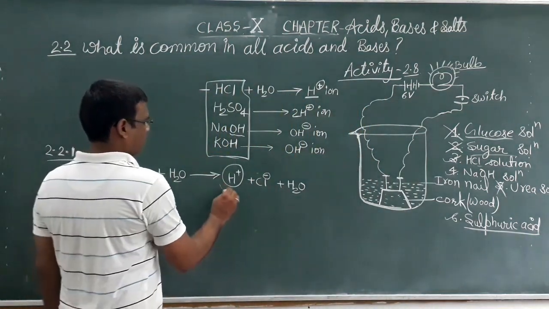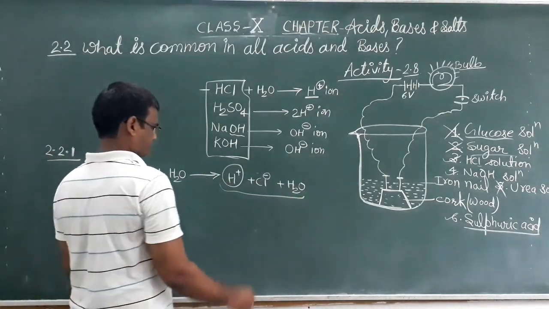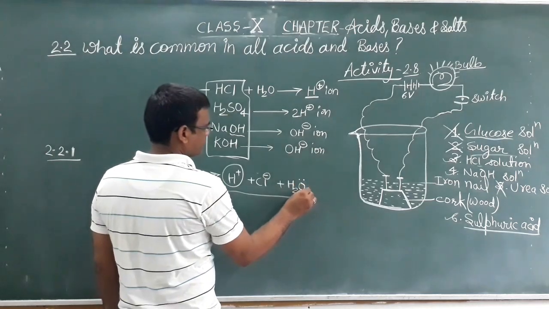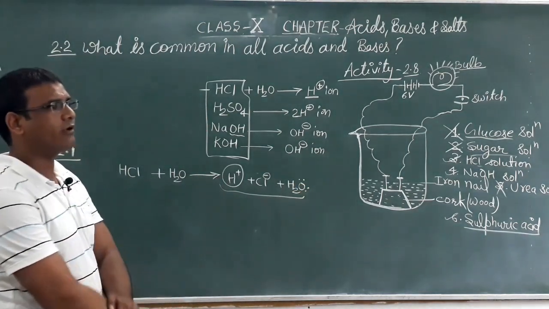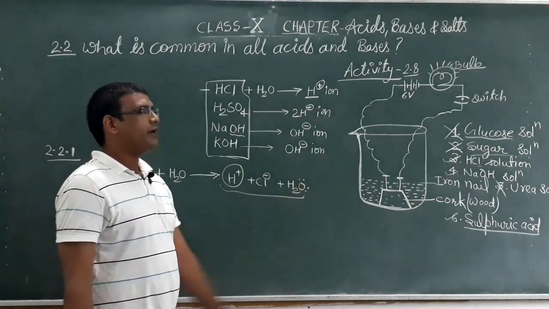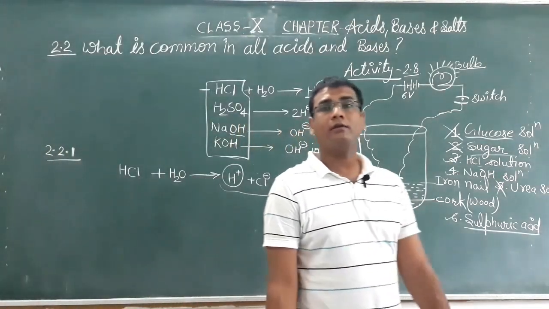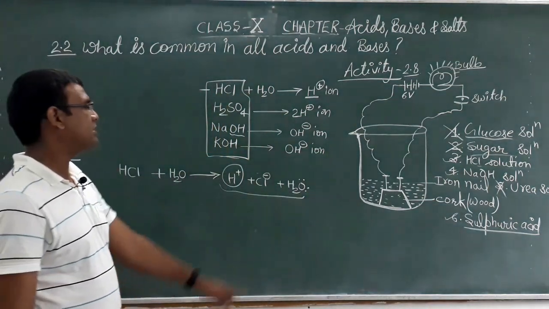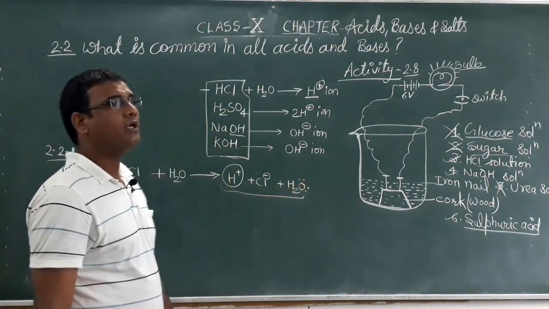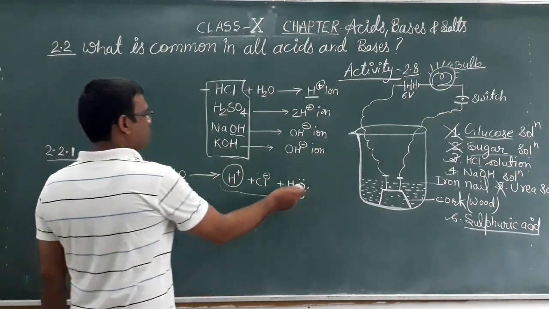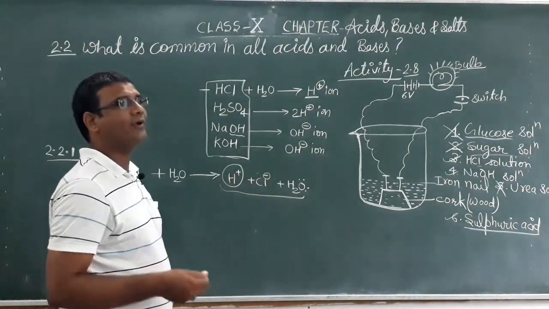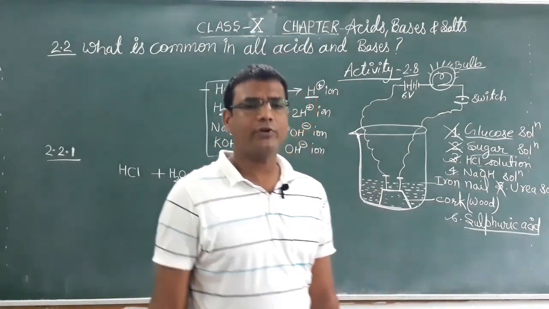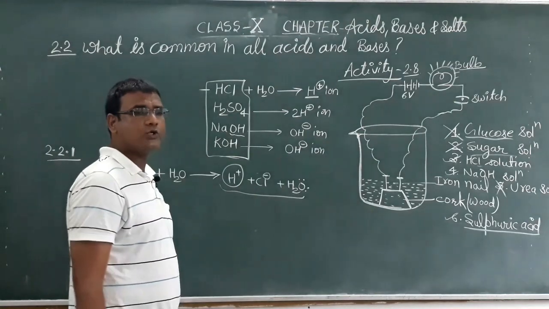Now in the reaction mixture, in water, oxygen is present, and oxygen holds 2 lone pairs of electrons. These are the free electrons present with the oxygen. So they can be used by this H plus ion to fulfill the electron deficiency of this hydrogen ion.